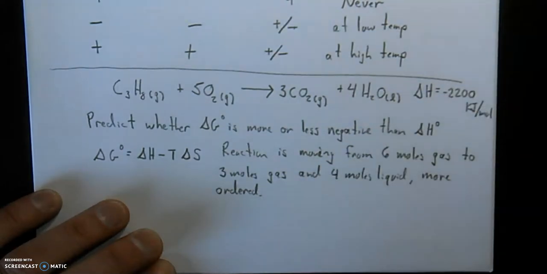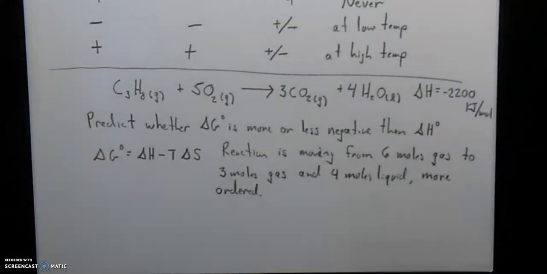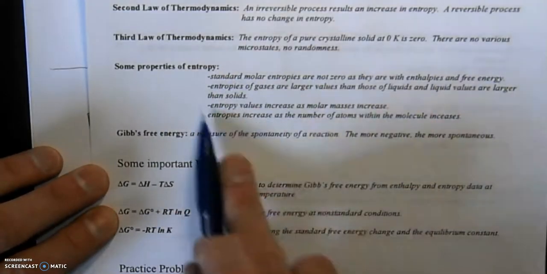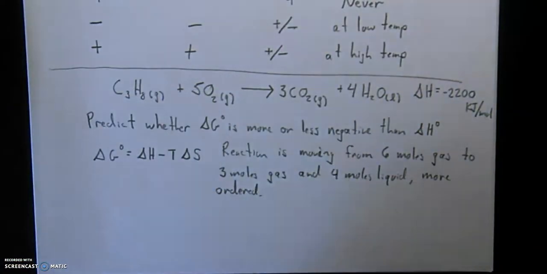If we go back to the very front of the packet and take a look at this information, this will help you better understand what we're talking about. Again, liquids are more organized, gases are more disorganized, and typically we look at the number of moles. In this case, we are moving from 6 to 7, which are really close, but what are these moles?